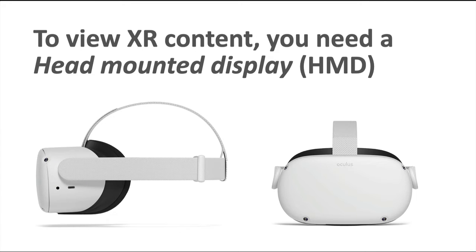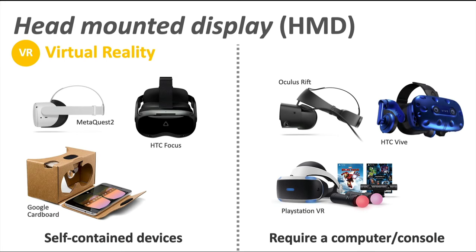Now, to view extended reality content, you're going to need a head-mounted display. And this is a set of goggles, as they used to be called, that the user wears on their head and face. So there's different types of head-mounted displays. Now, some of them are self-contained devices, which means it's just the headset by itself.